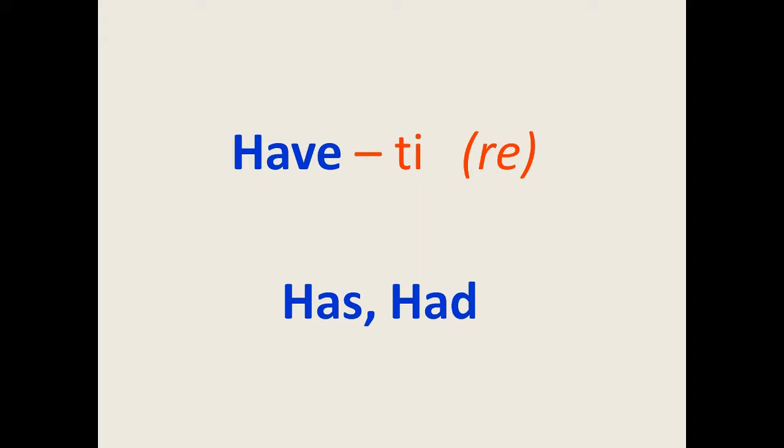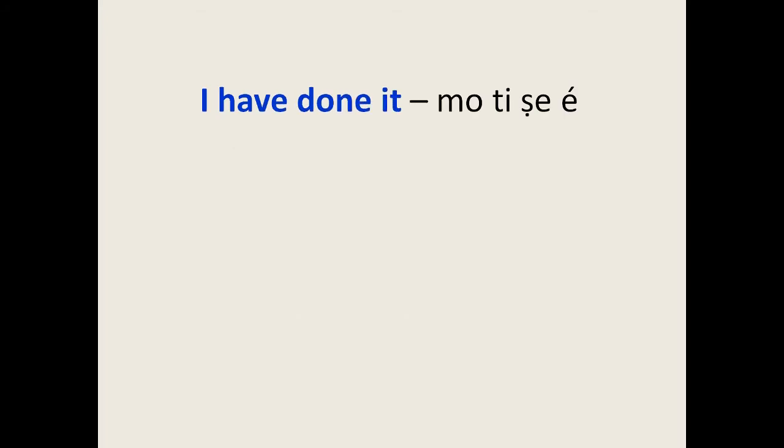So not that t. To illustrate this further, for us to get it clearer, let's go into some few examples. So if you want to say I have done it, that is going to be mo ti ṣe, mo ti ṣe.